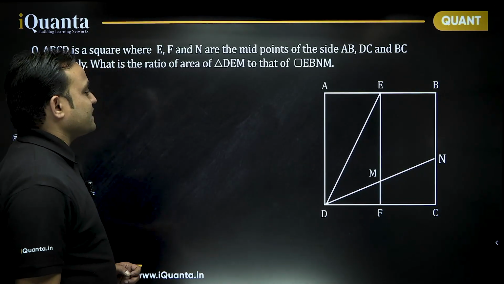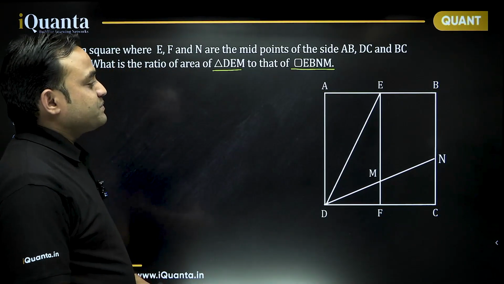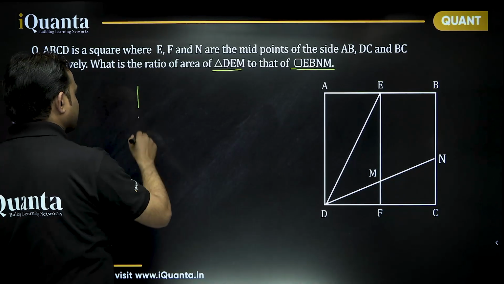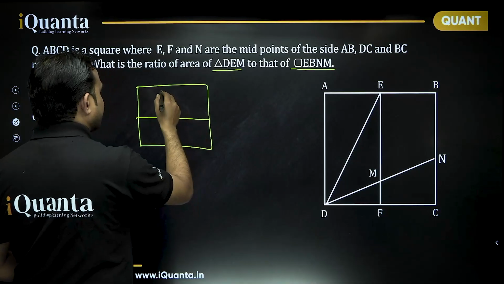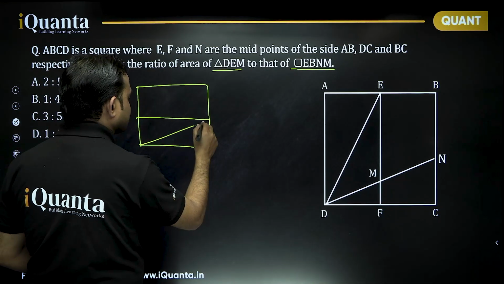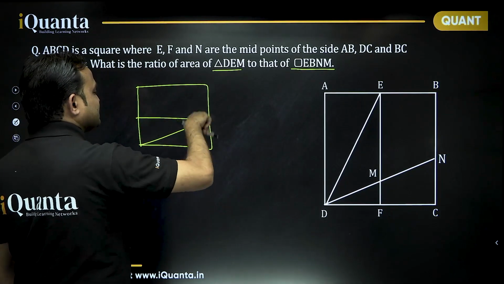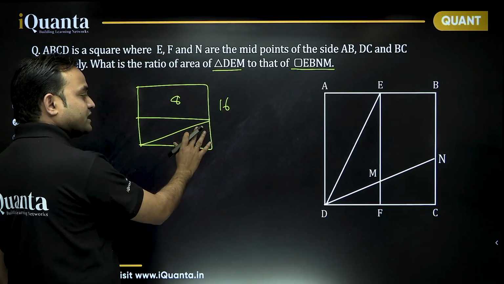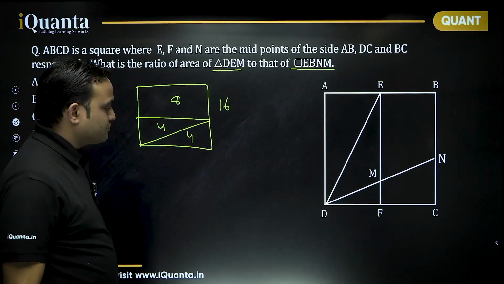What is the ratio of the area of triangle DEM to the quadrilateral EBNM? So if I take a square something like this, and I break it like this, and if I join this, if I imagine the area of the whole square is 16, this will be 8 and this will be 8, but these two will be equal, so this will become 4 and this will also become 4.